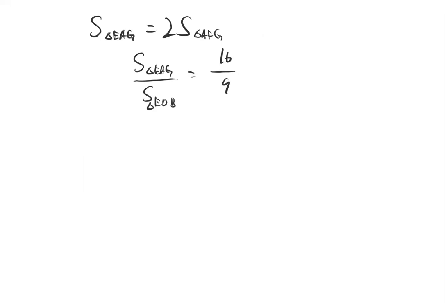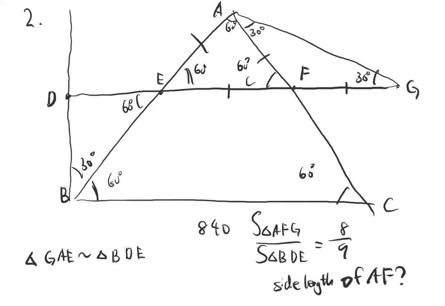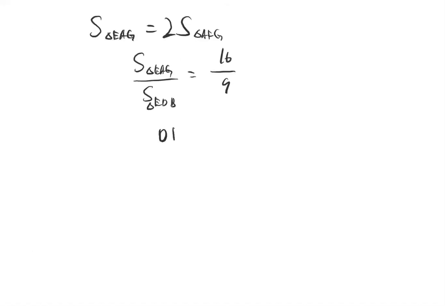Which means that if we look back here, our side length of DE to EG is the square root of 9 to 16, which is 3/4.